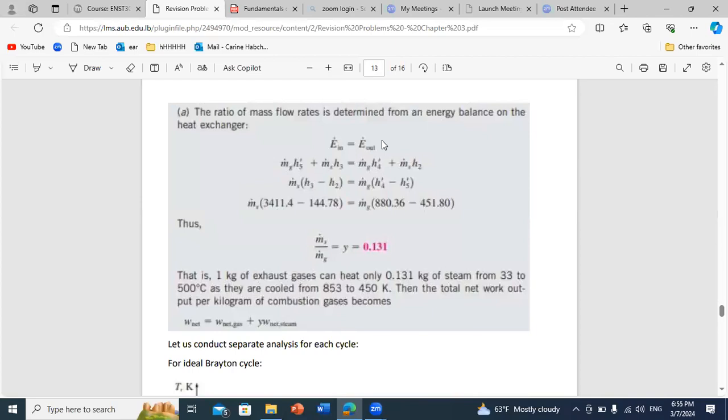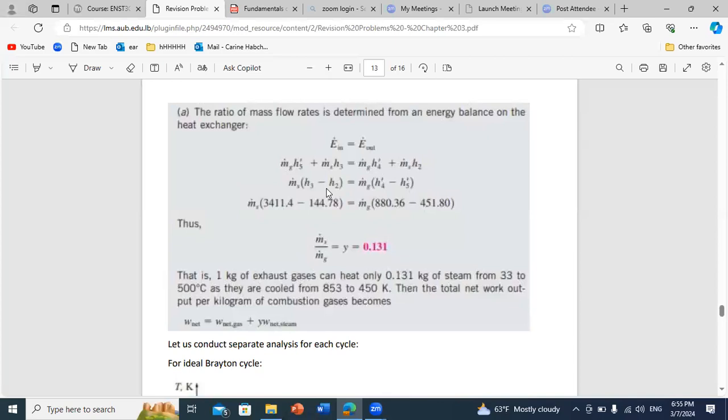Now a small remark, in case they give you the percentage of loss, for example, if the heat exchanger is not perfect, you have 10% losses. Let's say an efficiency of 90%, 10% is lost to the surrounding. Then the amount of heat delivered by gas will not be entirely absorbed by steam. A part will be lost to the surrounding.